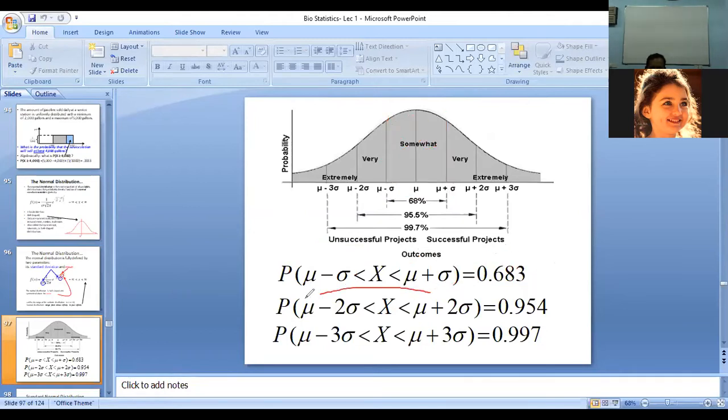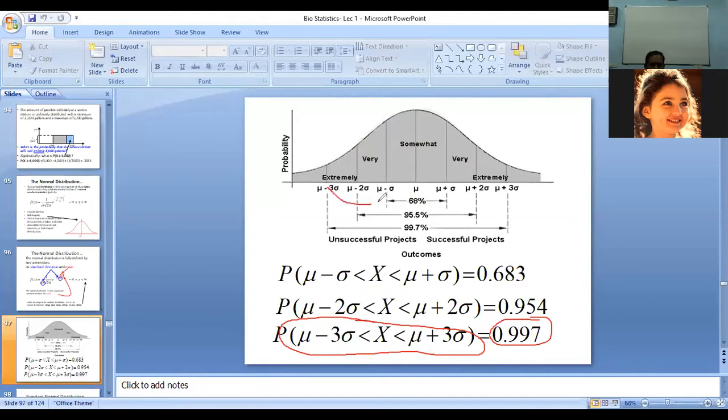Similarly, if you take mu plus or minus 2 sigma, it comprises 95.4% of the area, which is this area. Right. The third one, mu plus or minus 3 sigma, covers almost 99.7% of the area.